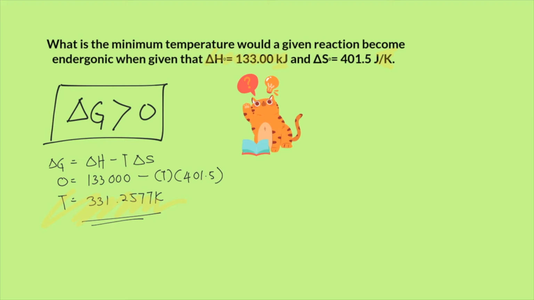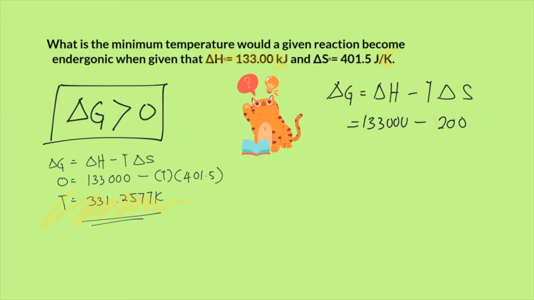So we are going to calculate back the delta G. Delta G is equivalent to delta H minus T delta S, right? We are going to use the same value of delta H, which is 133,000, minus T. Because we said that it should be lower, I will assume T as 200.